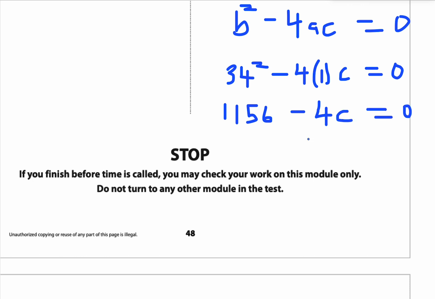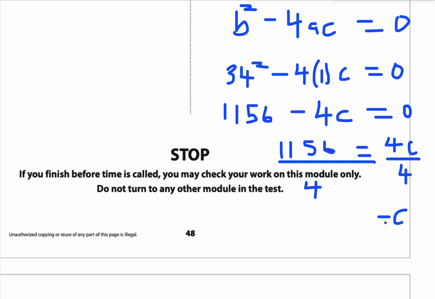Solving for c, we have 1156 equals 4c. We just moved the 4c to the right side of the equal sign, then divide both sides by 4, and we end up with c equal to 289.